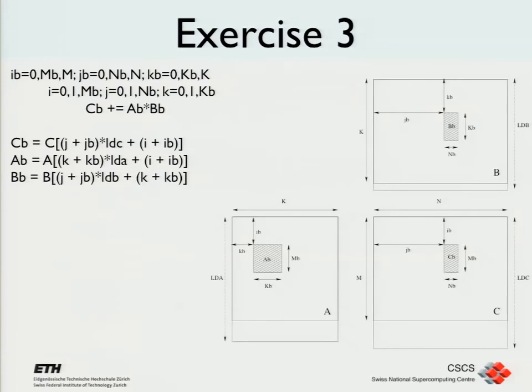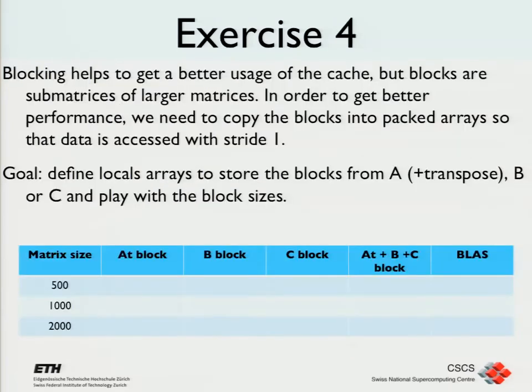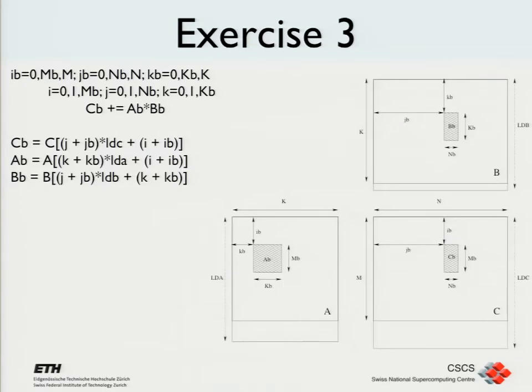So this is how the loops should be defined, and this is the representation of your Dgemm and your block. But the problem is that those blocks, those small matrices, are still sub-matrices in a larger matrix.